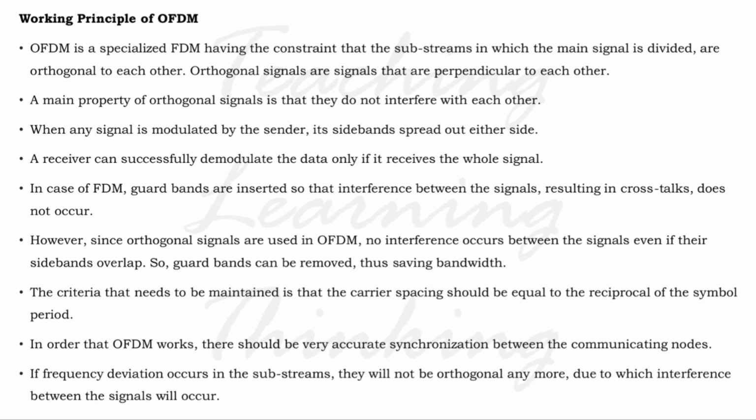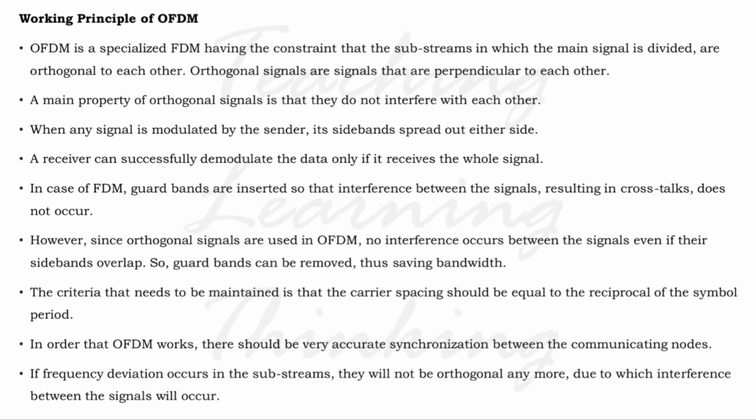In the case of FDM, guard bands are inserted to prevent interference between the signals, so that crosstalk does not occur. However, since orthogonal signals are used in OFDM, no interference occurs between the signals even if their sidebands overlap. So guard bands can be removed, thus saving bandwidth.